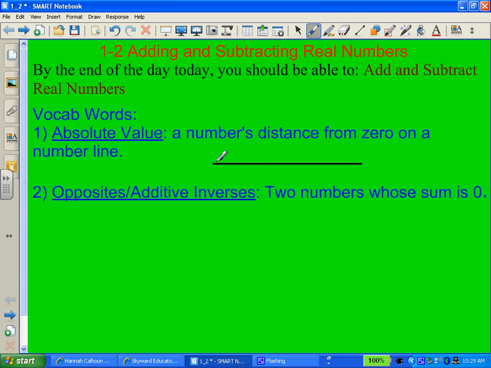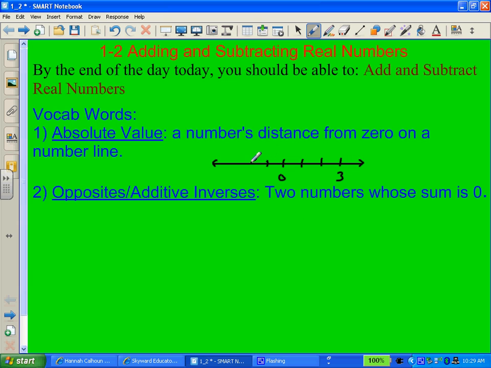Put some arrows on the ends. And here's 0. So we'll just keep it simple here. Let's go up to, see, here's 3. So 3's absolute value would be 3. It's pretty simple. It's 3 units away from 0.